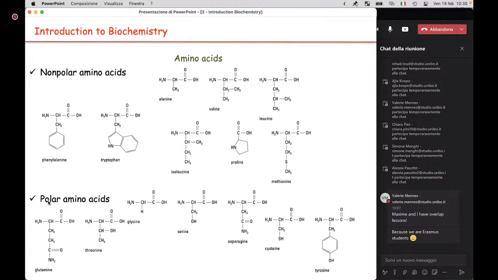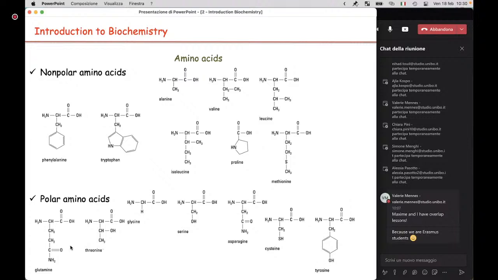The polar amino acids, uncharged ones, are these. Here you can see that we can have alcoholic groups, amide groups, CONH2. This is an amide. Thiol group or phenol group.